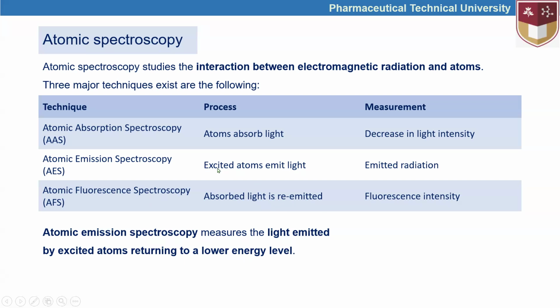Here is the same emission with the absorption spectrum. So the fluorescence intensity is measured in atomic fluorescence spectroscopy. Atomic emission spectroscopy measures the light emitted, which results from the excited electrons of the atoms returning to their lower energy level. Yeah, I missed electrons here.